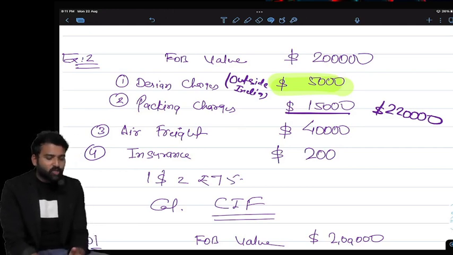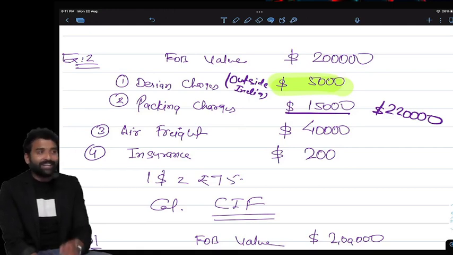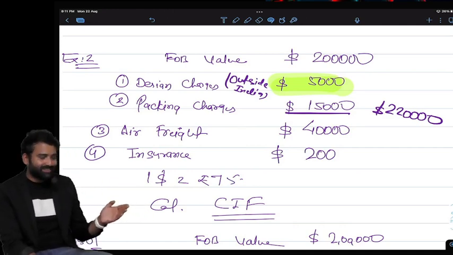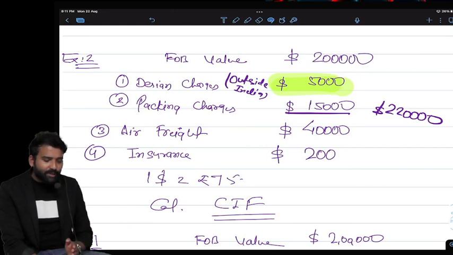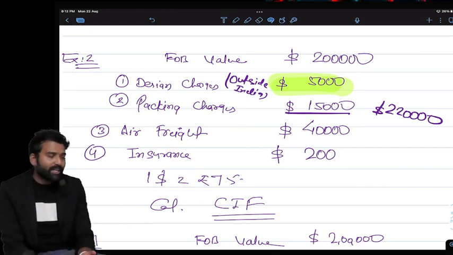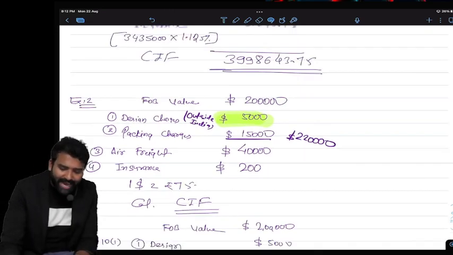So how much should be my air freight as per 10.2? 40 or less? 40, because 40,000 is less than 20% of adjusted FOB. My 20% of adjusted FOB is 44,000. So it is less than 44, so I will add 40,000. Insurance $200 given, it will be added.